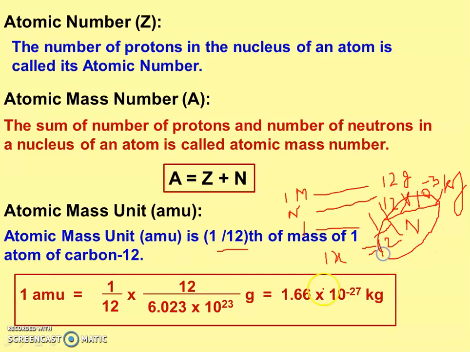When we calculate this, we get the value 1.66 into 10 to the power minus 27 kg. This mass is approximately equal to the mass of a proton or a neutron, which means the mass of a proton is approximately equal to 1 u.